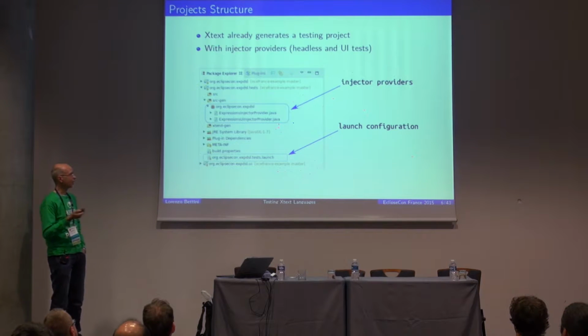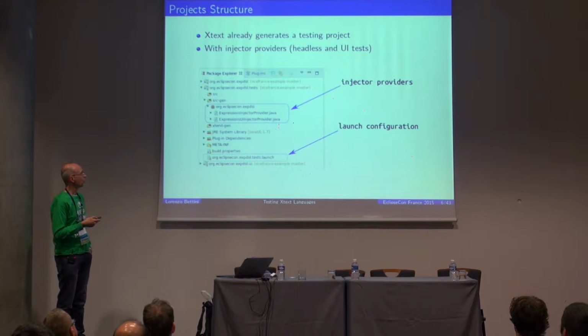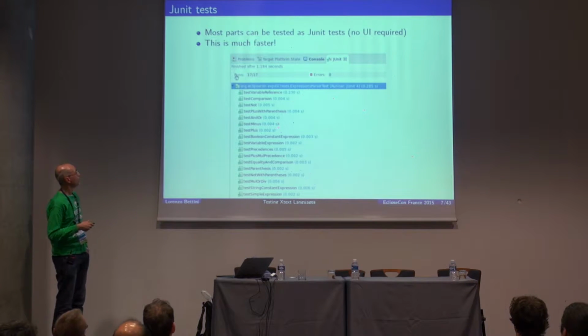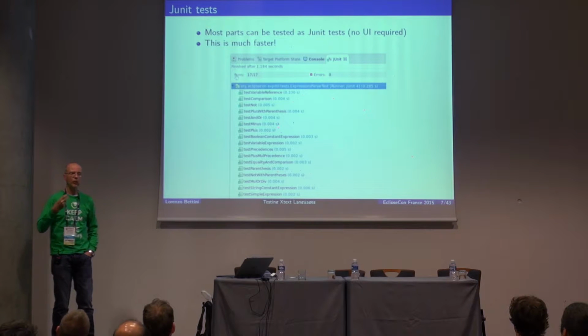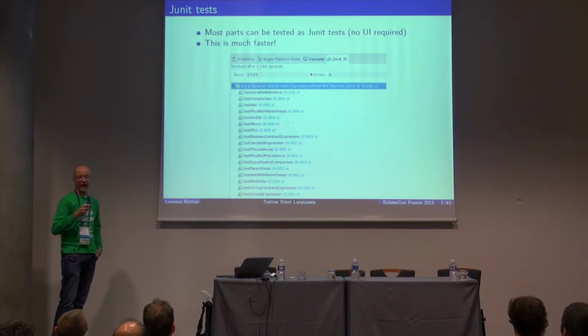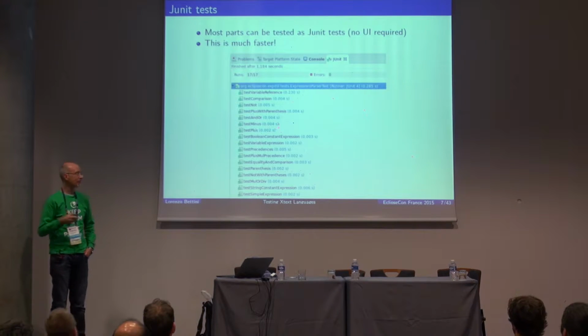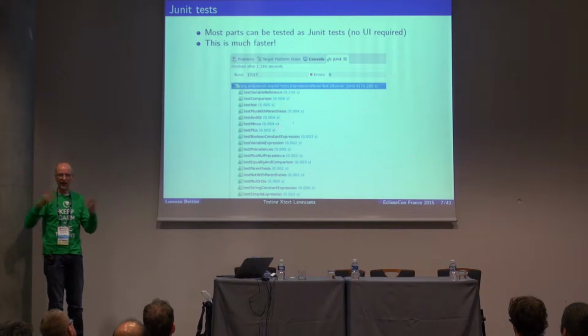You know, Xtext uses dependency injection under the hood, and so it also generates some injector providers you can use during testing. So first of all, we will see that we will be able to test most of the aspects as plain JUnit tests without running a workbench. And that's cool because JUnit tests are much faster than running a workbench.